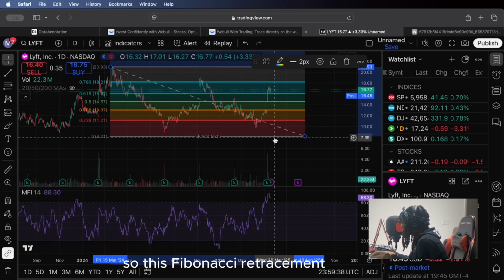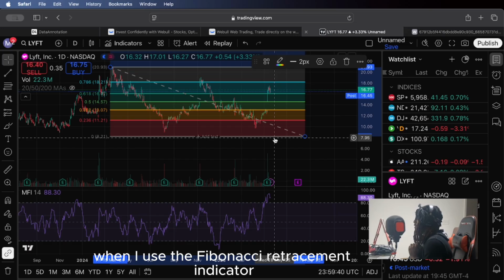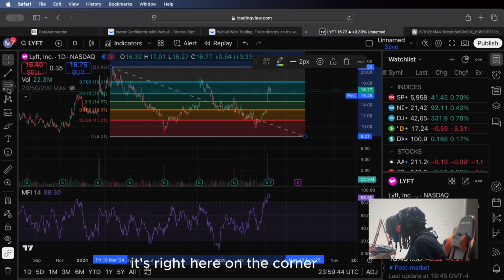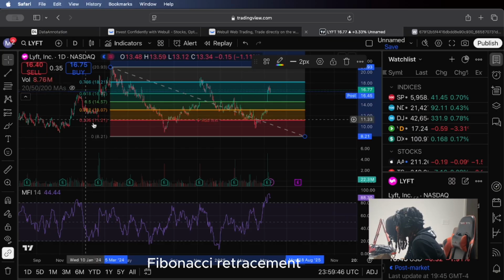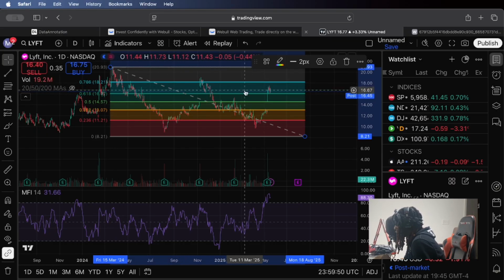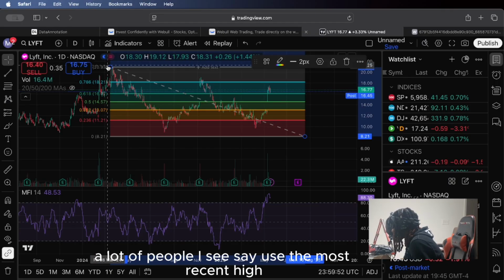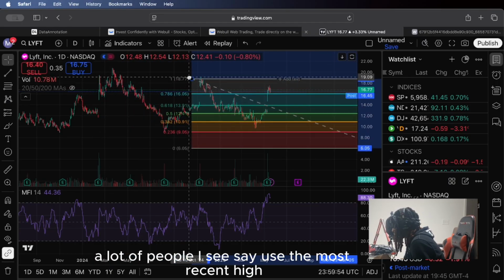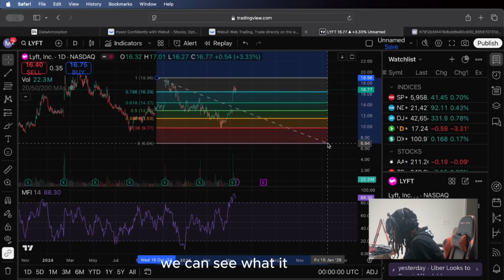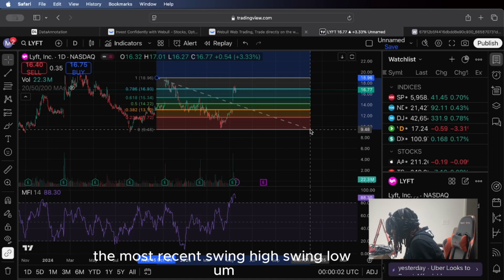When I use the Fibonacci retracement indicator, it's right here on the corner. You literally select whichever high. A lot of people I see say use the most recent swing high and swing low. So we can focus on that, the most recent swing high, swing low.